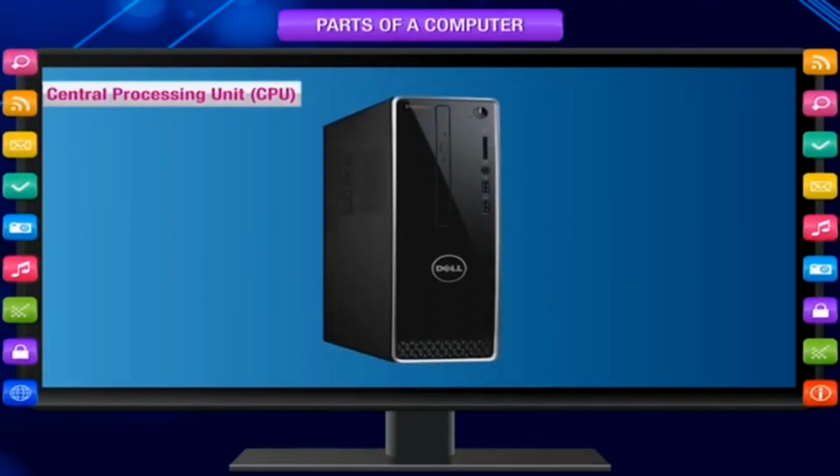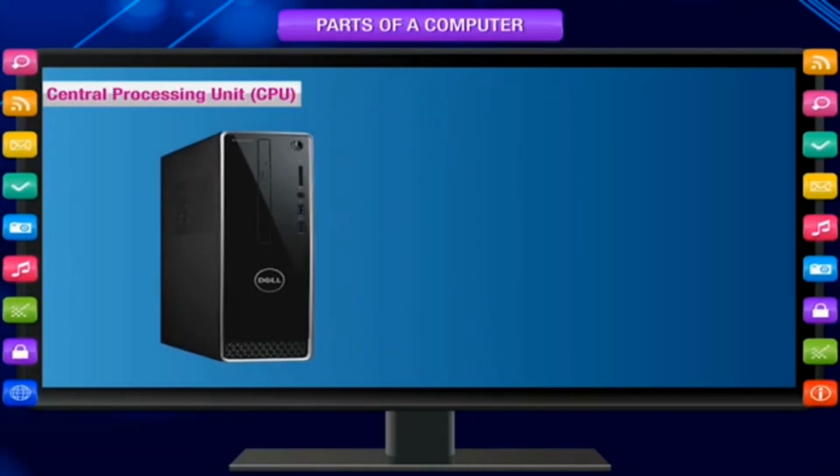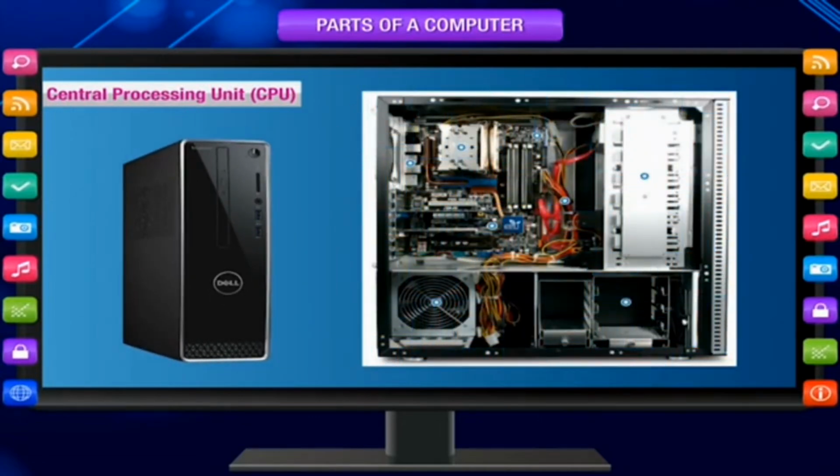Then move to the next part of a computer, that is CPU, Central Processing Unit. It is a group of units within a cabinet. CPU is the most important part of a computer. It is also called the brain of a computer. It controls all parts of a computer. A CPU is tower shaped.